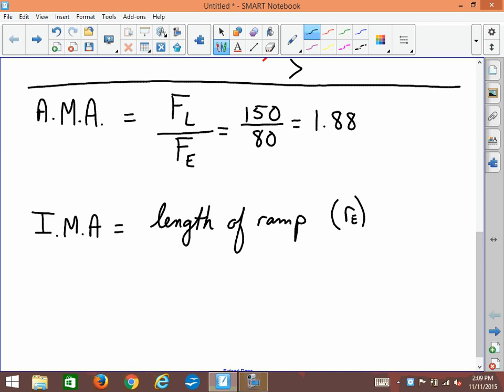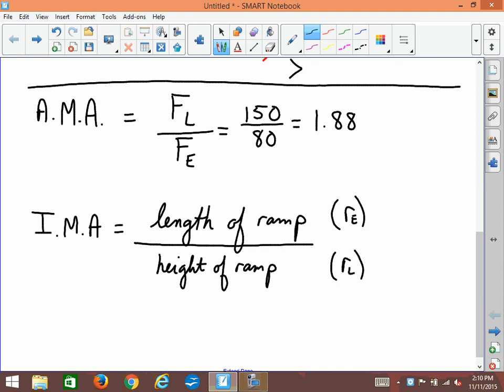And then divided by the height of the ramp, which is what actually happens to the load. Height of ramp, that's like the load distance. It's how high you manage to get your load to go. So it is kind of the same thing.